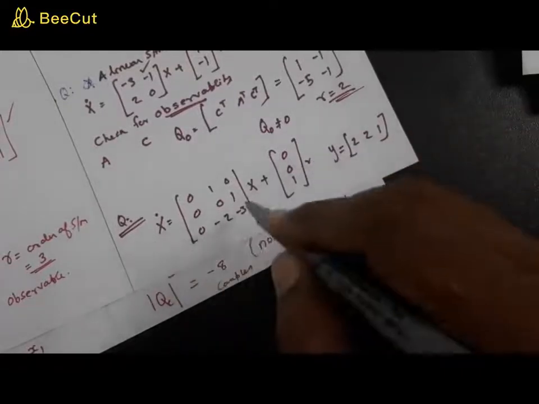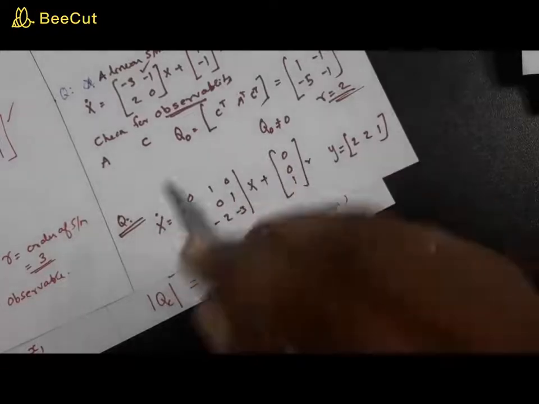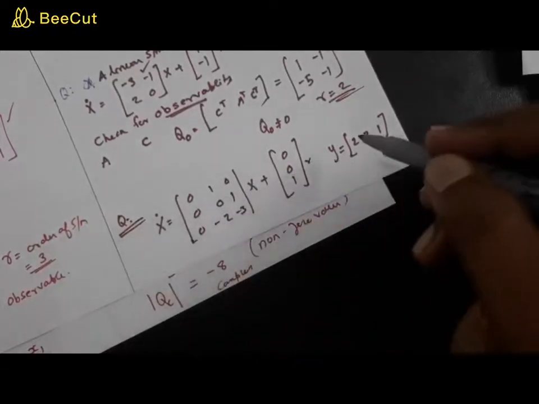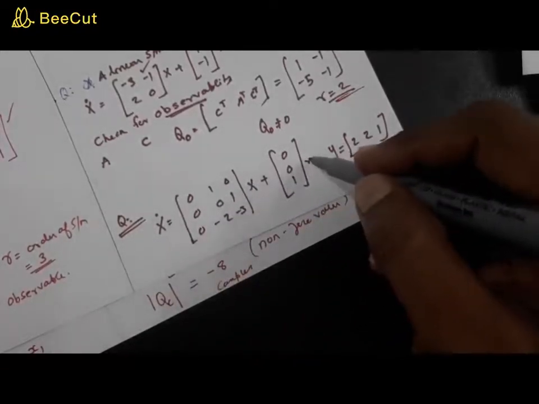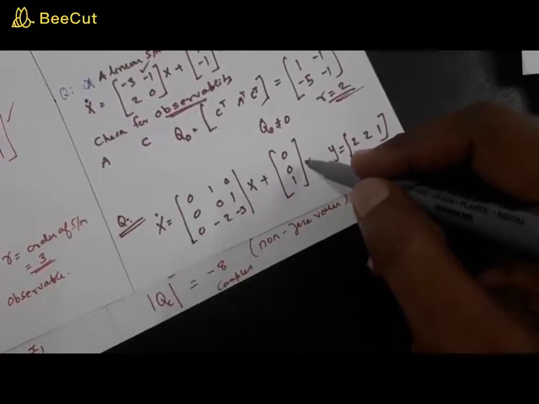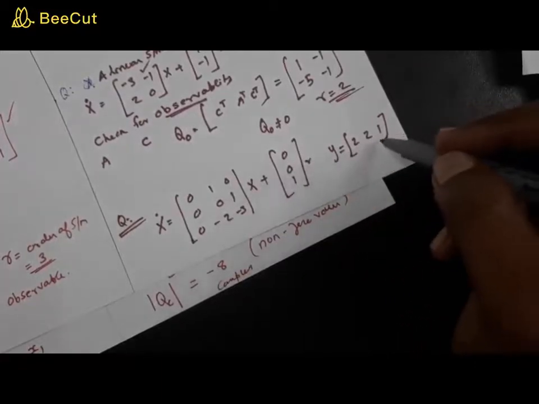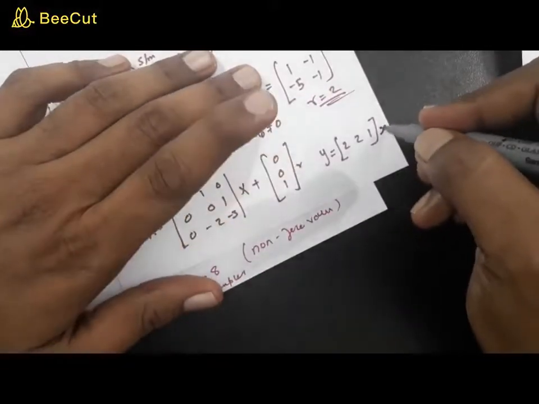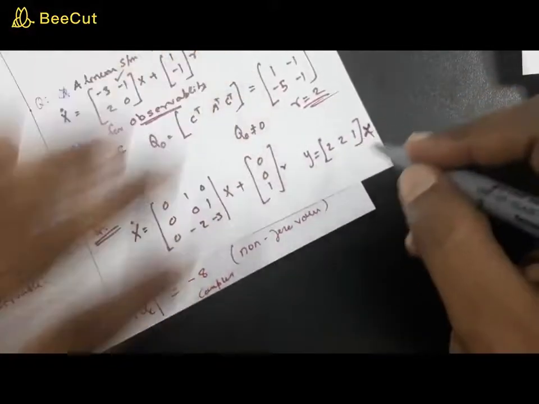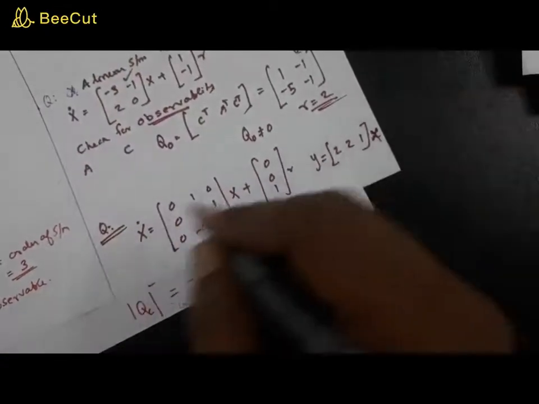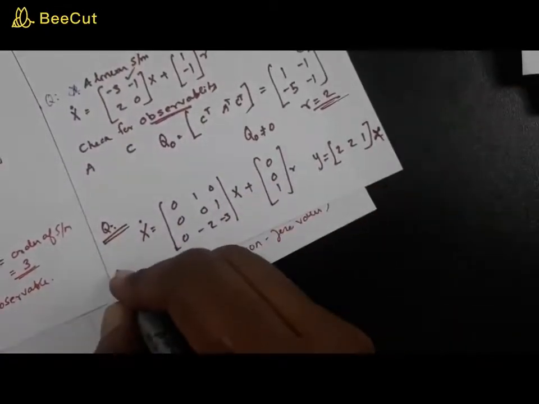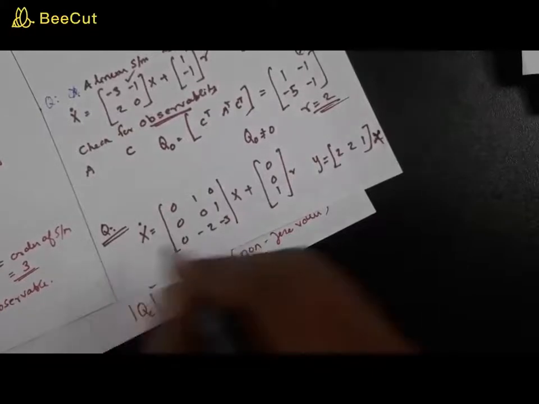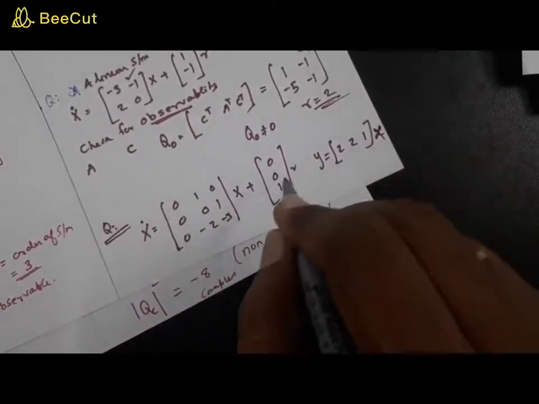So when you see such an equation, you must always remember that format: x dot is equal to Ax plus Bu, or instead of u you have r here, and y is equal to Cx. So y is equal to 2 2 1 into x. Here also D is 0. You are asked to perform Kalman's test to find whether the system is completely observable.